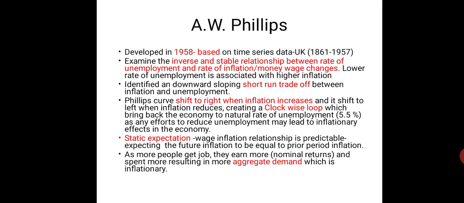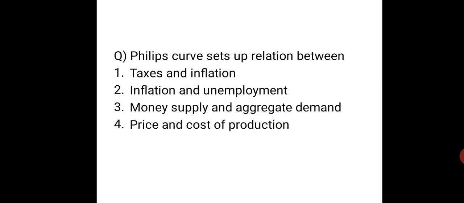Later on, it was re-established as an inverse relationship between the rate of unemployment and the rate of inflation. So there is a short-run trade-off between inflation and unemployment, which has been cited by A.W. Phillips in his Phillips curve. So the answer has to be option 2, that is inflation and unemployment.